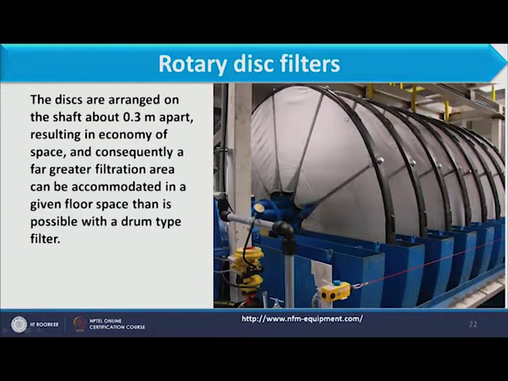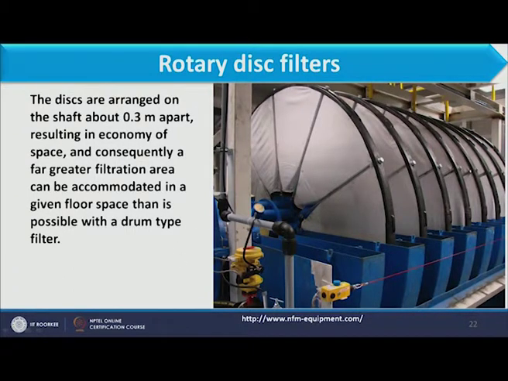Because cake is formed on the surface on both sides of the disc, the filtrate which is collected is passed through the shaft. At the other end the filtrate is collected at a nozzle, and the cake formed over this surface can be removed by the knife which is radially attached to the disc.